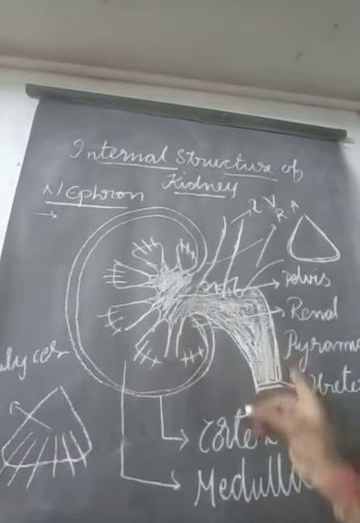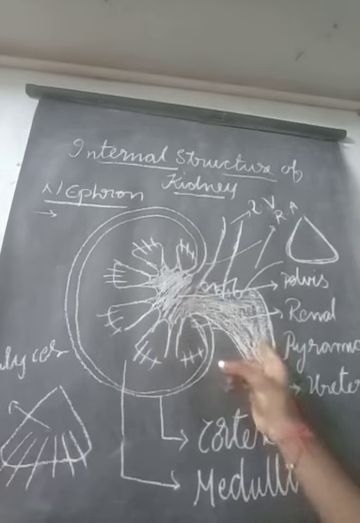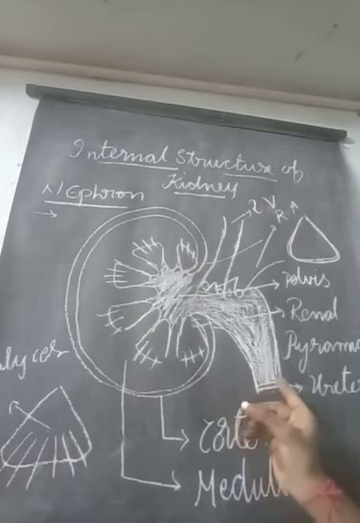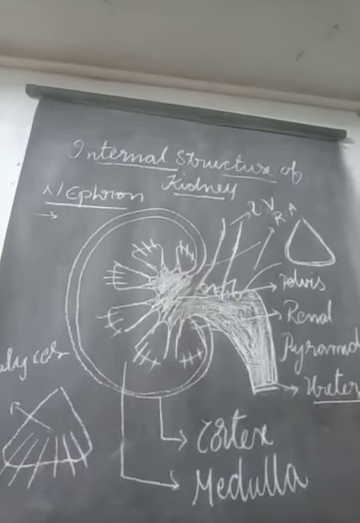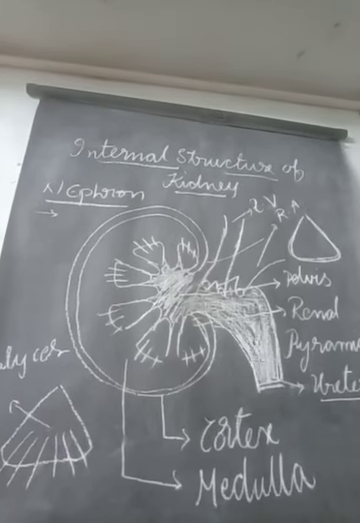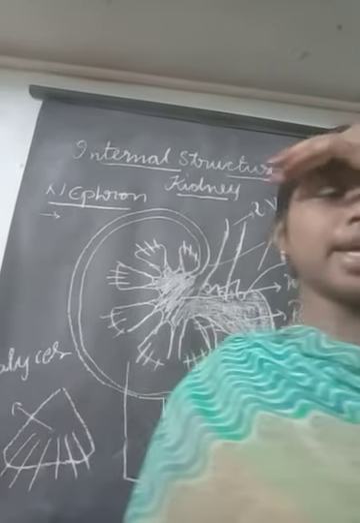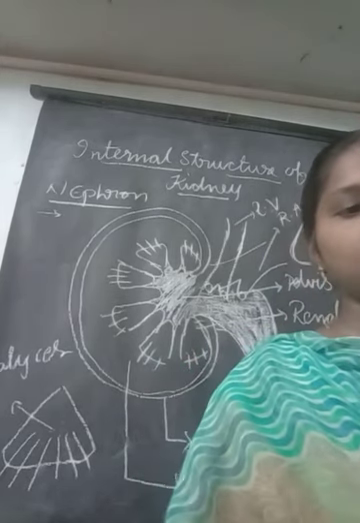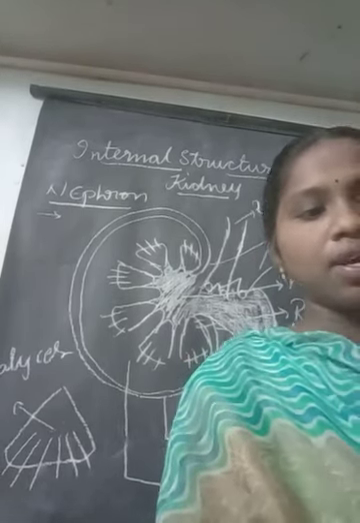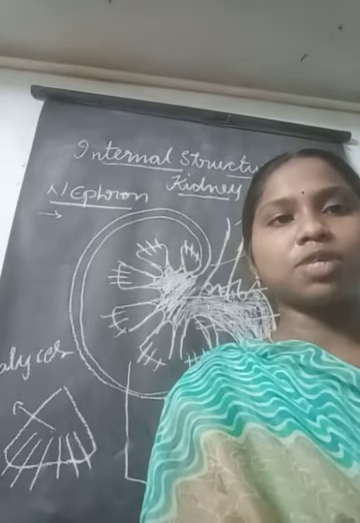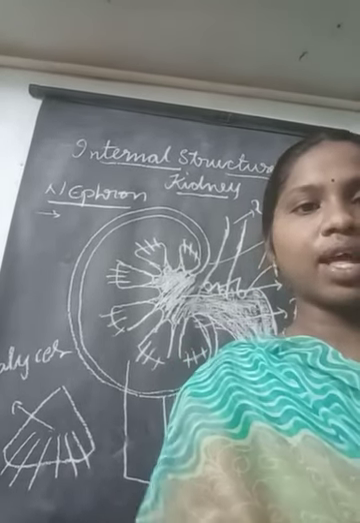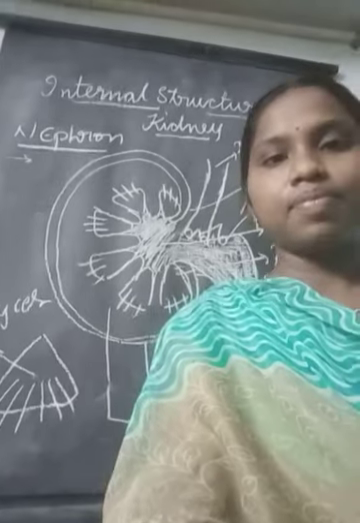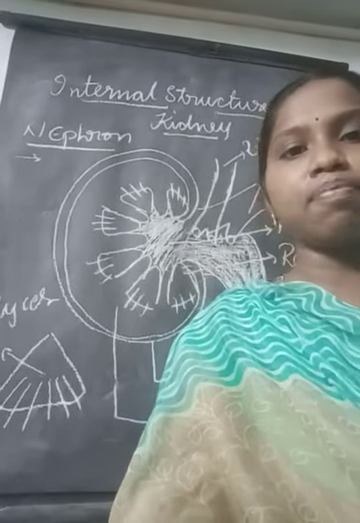From here, a new tube-like structure originates. That tube is our ureter. Is it clear till here? Students, did you understand or not? Please respond. If you did not understand, I will explain it again. This is a very important concept.